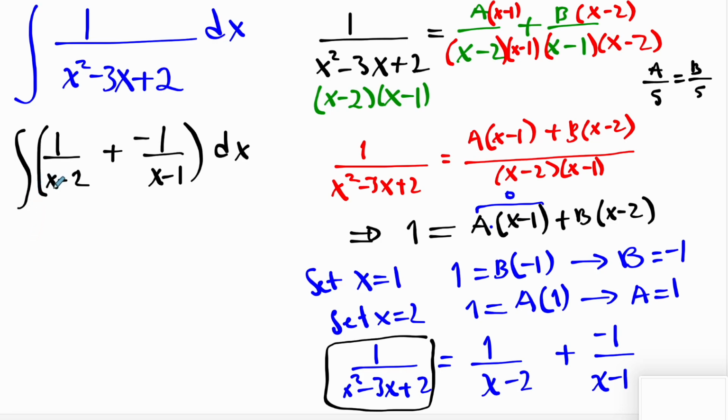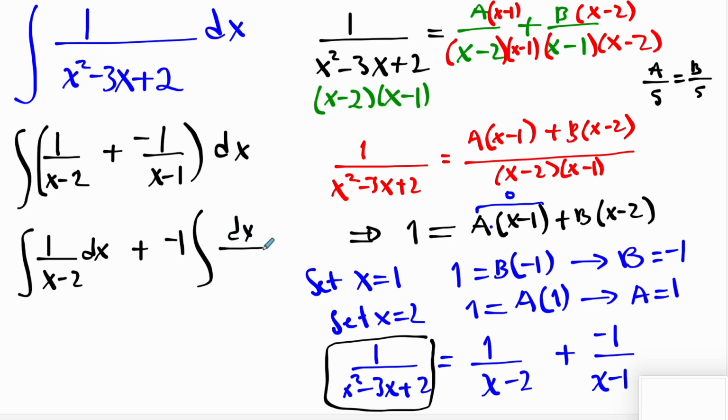All right, let's integrate the first one. Integral of the first piece plus, I will kick negative 1 multiplying constant to the front, integral of the second piece, which is, here you go.